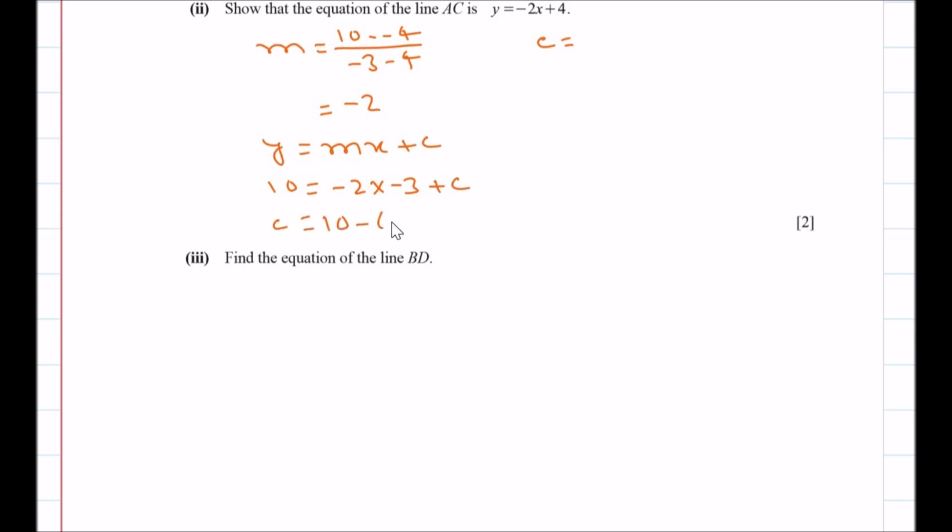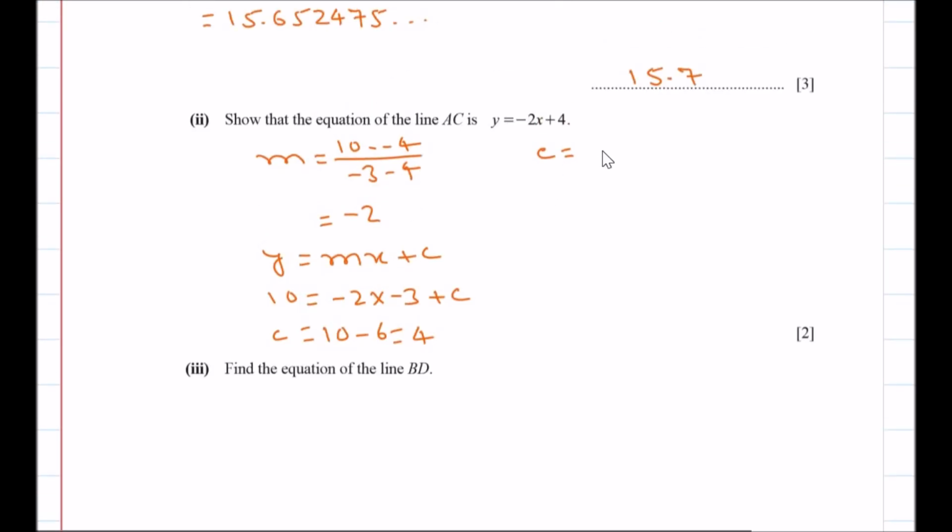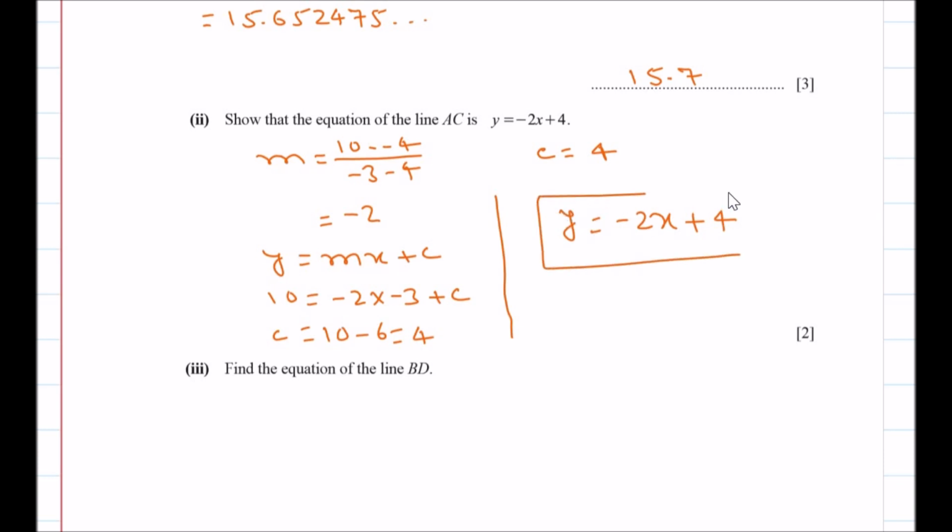So c equal to 10 minus 6, that is 4. That means c equal to 4, right? So equation will be y equal to mx, m is minus 2, minus 2x, and c is positive 4. So minus 2x plus 4. This is the answer. This is what we have to bring. We have shown.